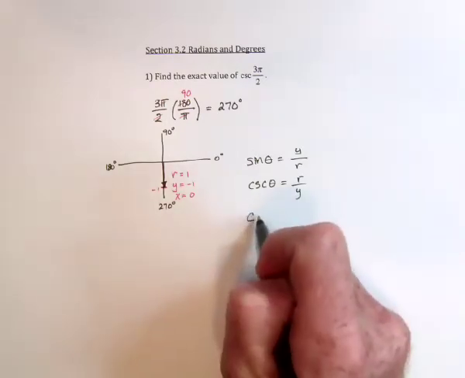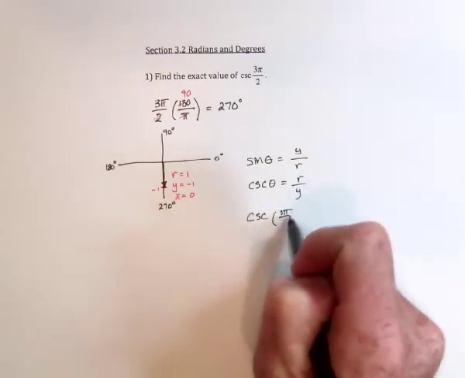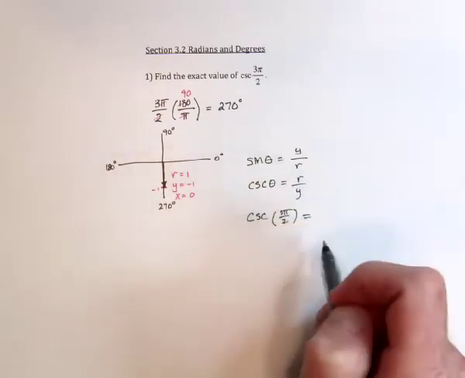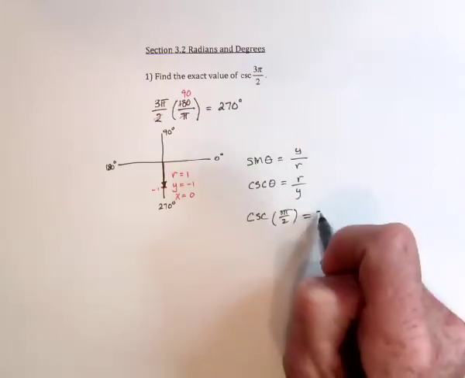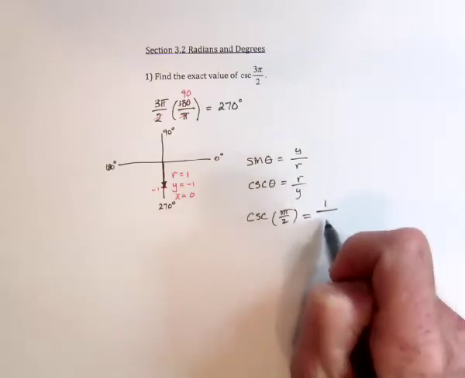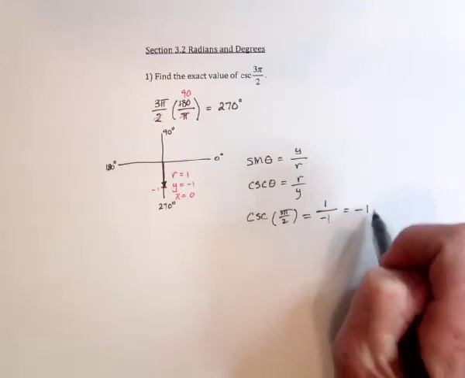And so then cosecant of 3 pi over 2 is going to be r over y. So it looks like the answer is negative 1.